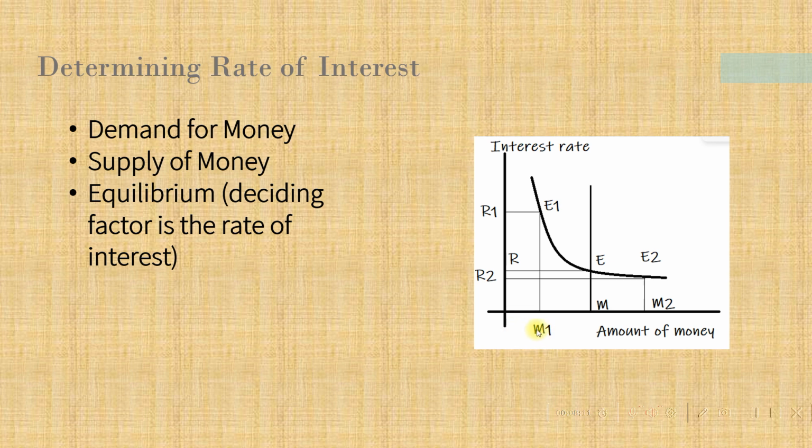Demand of money is M1, which is only this much, and supply of money is this curve, so it is more. So when the demand of money is greater than supply of money, the rate of interest is increased because R1 is more. Rate of interest increases, establishing a new rate of interest at the equilibrium point, which is E1. That is how we determine the rate of interest.